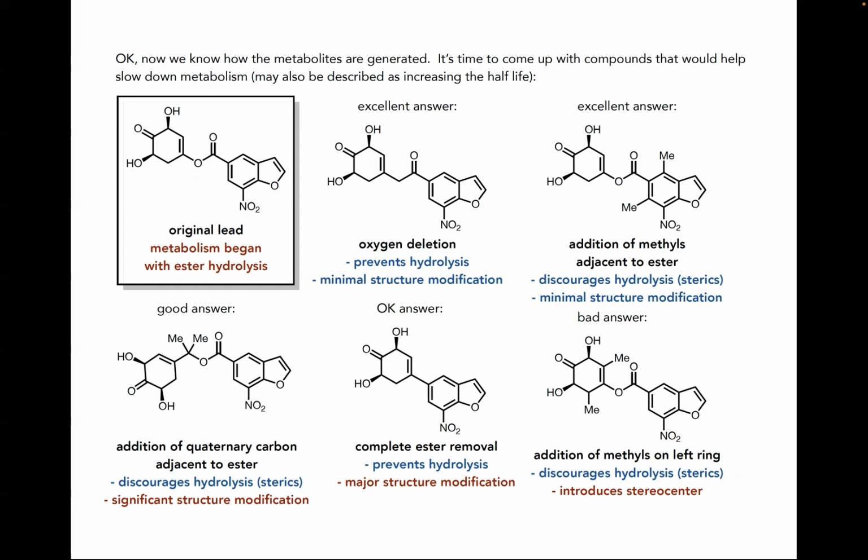Bottom left, this is another one that was proposed. I would say this is a good answer, but let me tell you what the distinction is. Say you put this quaternary carbon adjacent to the ester. That's definitely going to block off some of the esterase activity because there's a bulky group near it. But the reason I say it has a little bit of negativity in terms of the answer is that you do perform a significant structure modification.